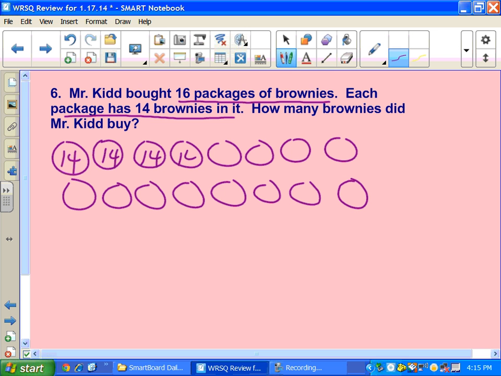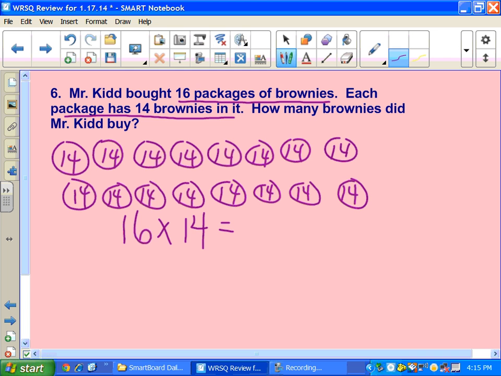14, 14, and you get the idea. There's lots of brownies here. Okay. So lots of brownies. So how are we going to count that? We can see automatically that if I'm combining all these same amounts, this is 16 groups of 14. Right?